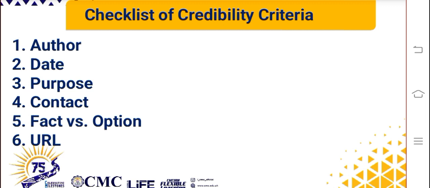Number 6, URL. The URL may look like ending in .edu or .net. Different websites have different URLs. To help determine a site's credibility, determine if that is a personal website or blog, a government website, or other types of website.